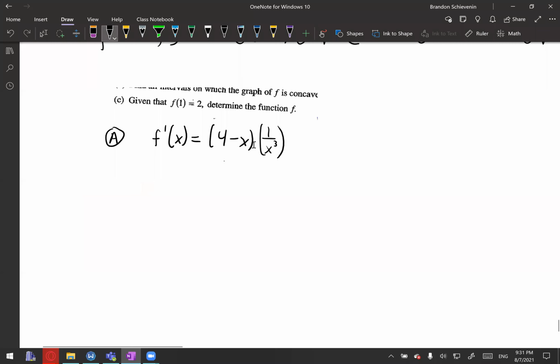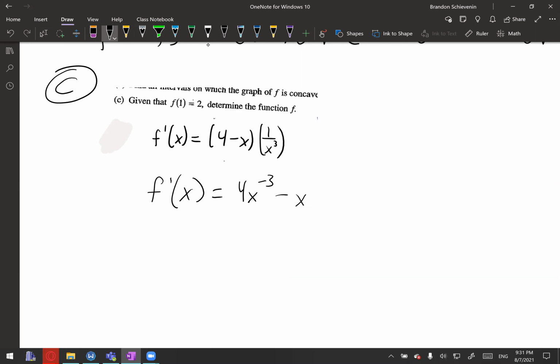Okay, so this is part C. Okay, f of 1 is 2. I want to find f. I know that f prime is this. Okay, the first thing I'm going to do is simplify f prime again. Since Nani already did this earlier, f prime will be 4 x to the negative third power minus x to the negative second power.